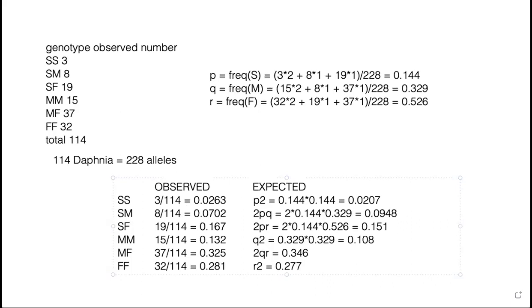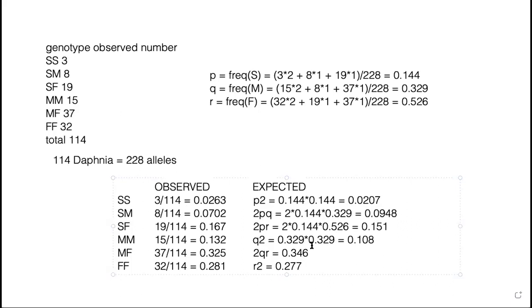Okay, that was not the most scintillating moment of lecture that I've ever had. But now you've got your observed genotype frequencies, calculated directly from the data that you're given, and your expecteds are right here.